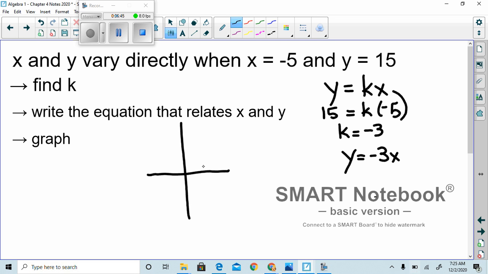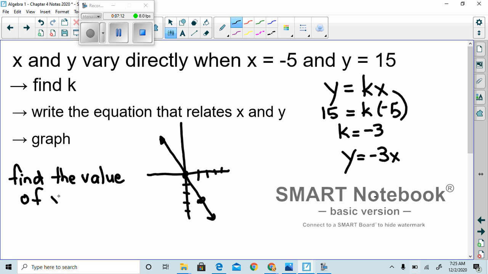Graph on that one again, starting at the origin. I'm going to go down 1, 2, 3, and over 1, and there's my graph. I can evaluate this. I might say find the value of y when x equals 4.